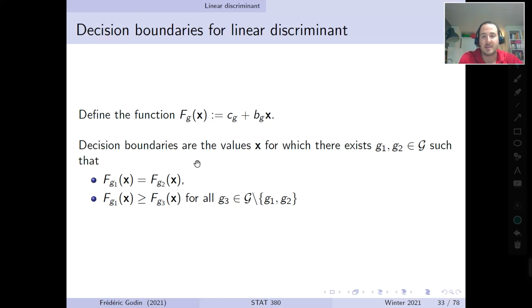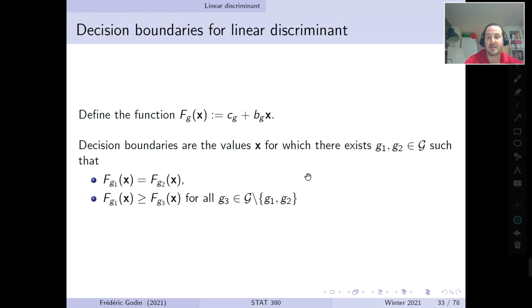We say that x is in the decision boundary if there exist two classes G1 and G2 such that fg1 of x is equal to fg2 of x, which means that for that x, you're indifferent between classifying within class 1 and class 2. And furthermore, for any other class G3, different than G1 and G2, fg1 of x is greater than or equal to fg3 of x.